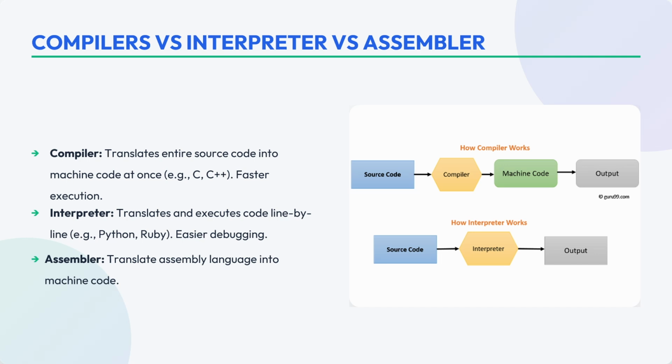While the interpreter is defined as a translator that converts and executes the source code step by step. In Python, it can be said that every line of code is run line by line.